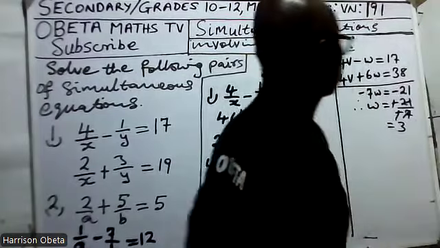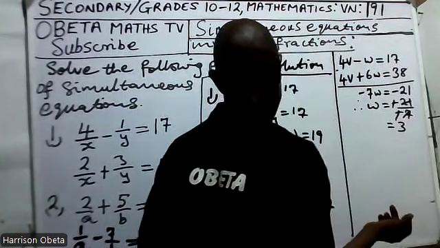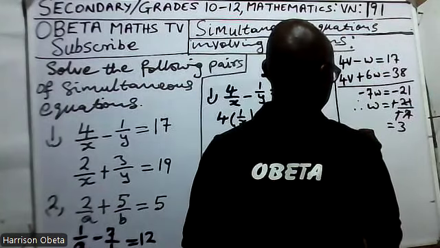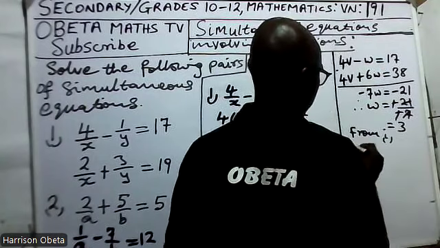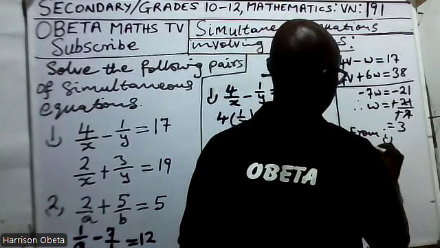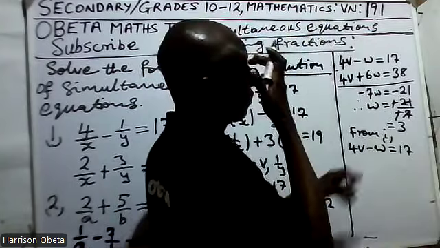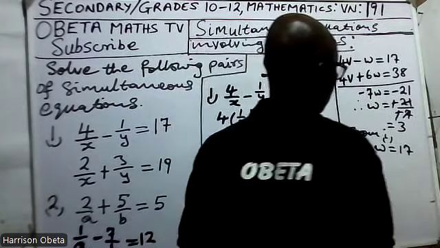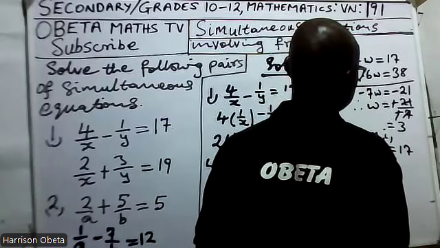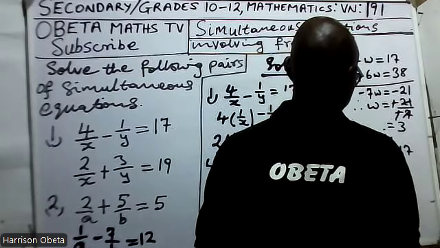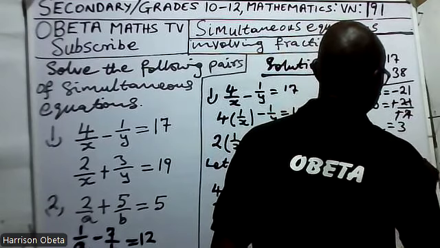Now, continuing, you substitute back in either equation 1 or 2. If we put it in equation 1, we have 4v minus w equal to 17. Remember, we have our w to be 3. So we have 4v minus 3 equal to 17.